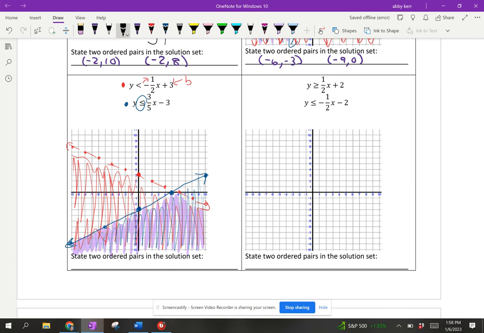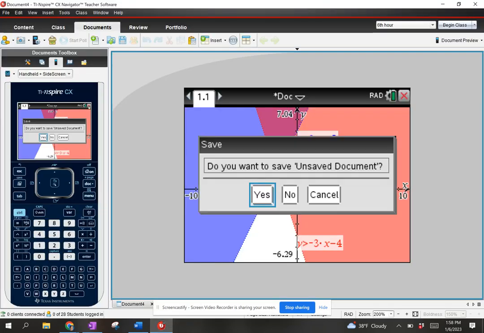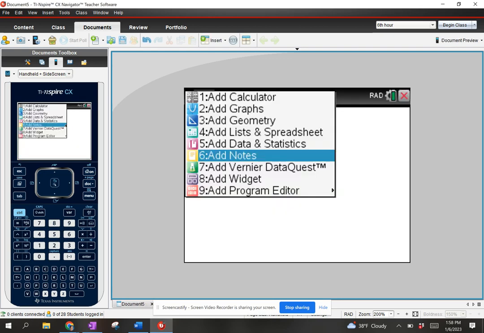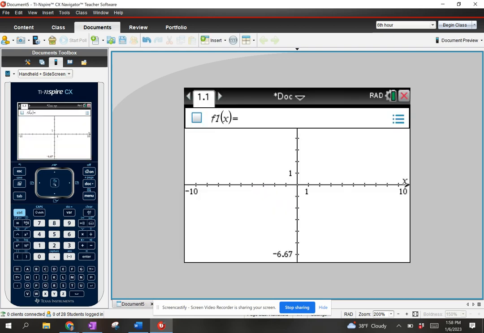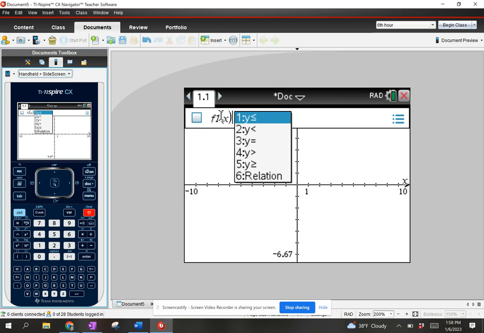So let's say 4, -4, and then 6, -10. And remember, you want to practice putting it into the calculator. So let's delete, go to new document, always hit no if it asks. Hit the delete button.